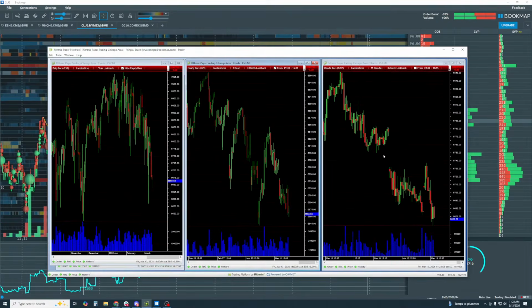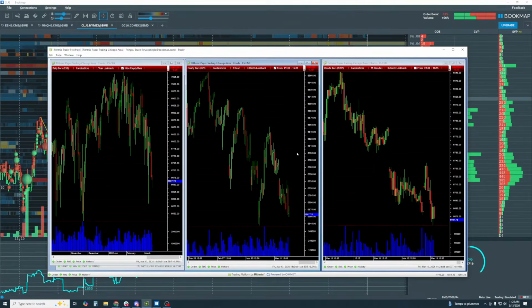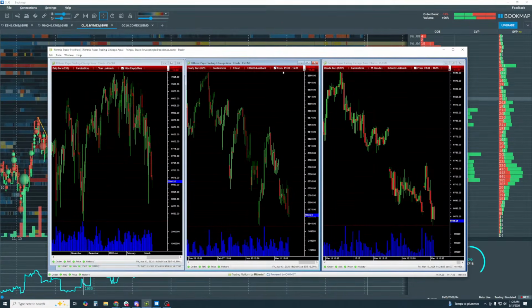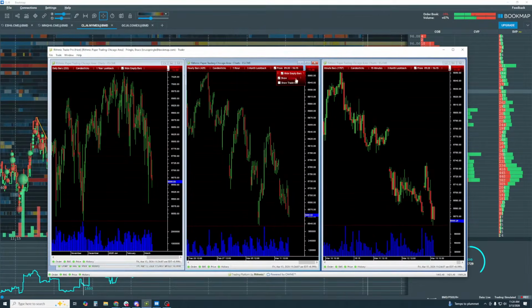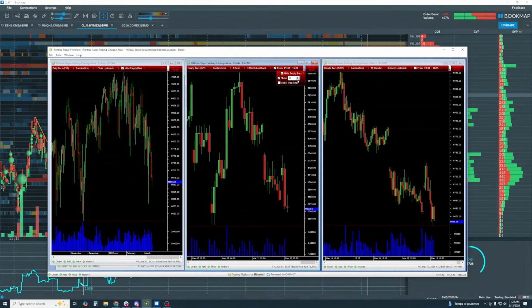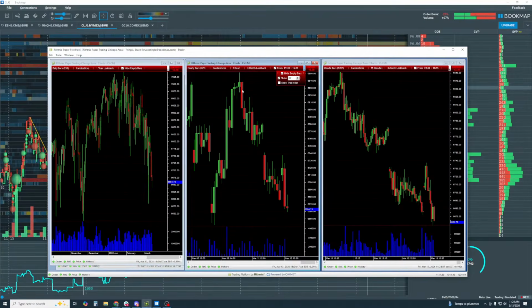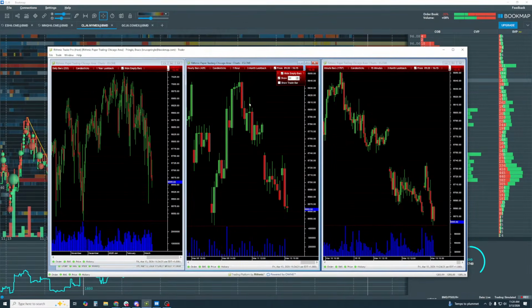Same ideas. We'll have to zoom into some of these in here. Strong rejection. It's back into this area in here, okay, and rejects again.